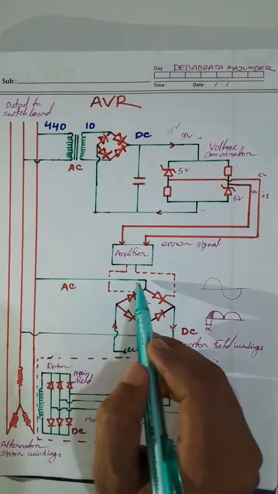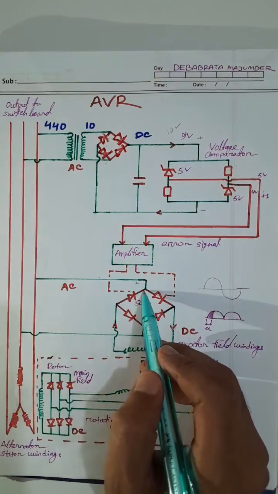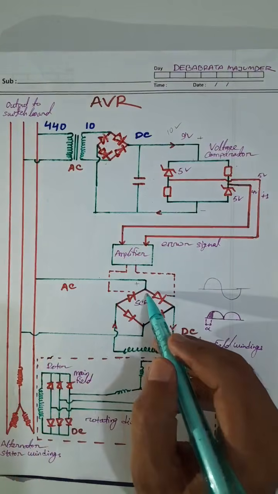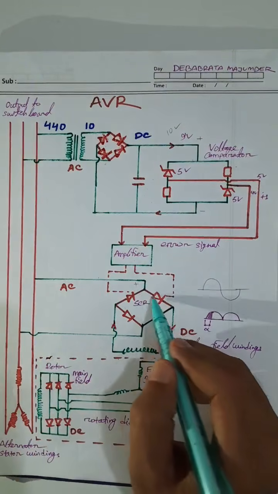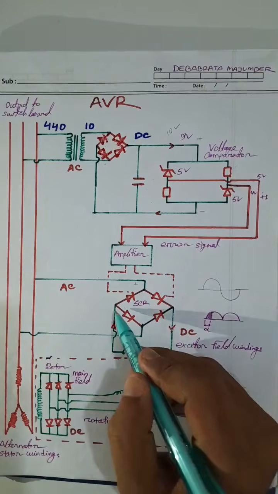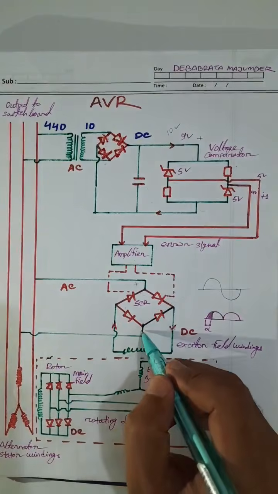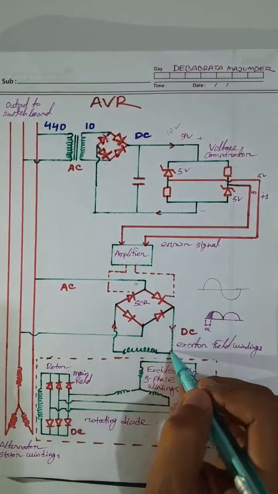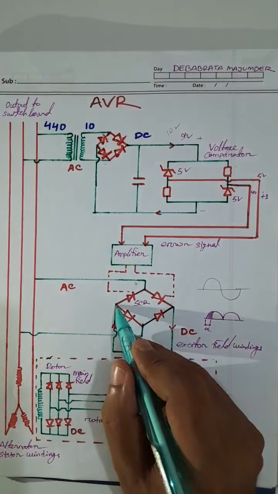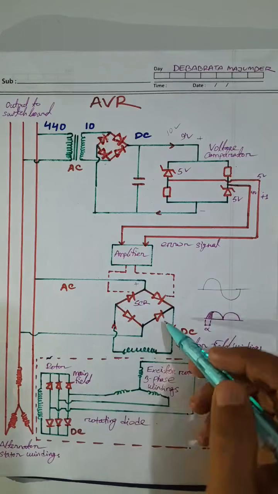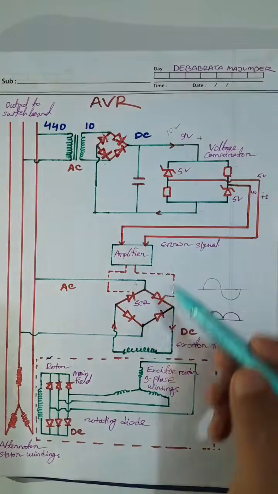So whenever the AC signal comes from this side, if it is positive, then the flow will be from here to here. If this side is positive, then the flow will be from here to here, and the circuit is complete. This is similar to a bridge rectifier.